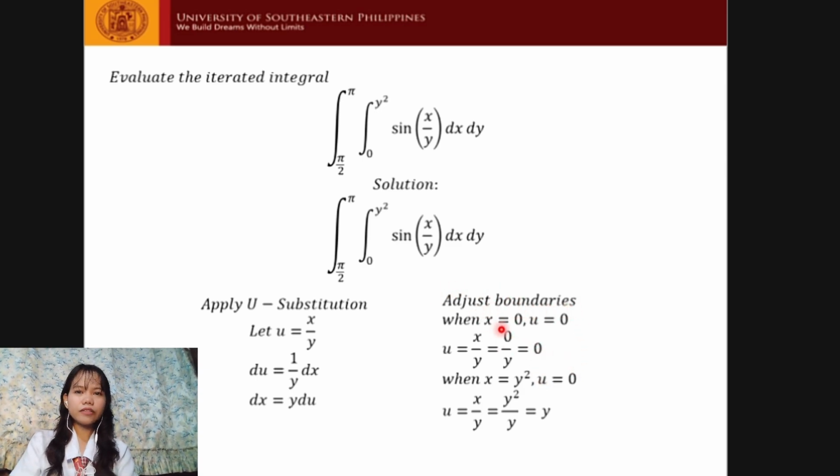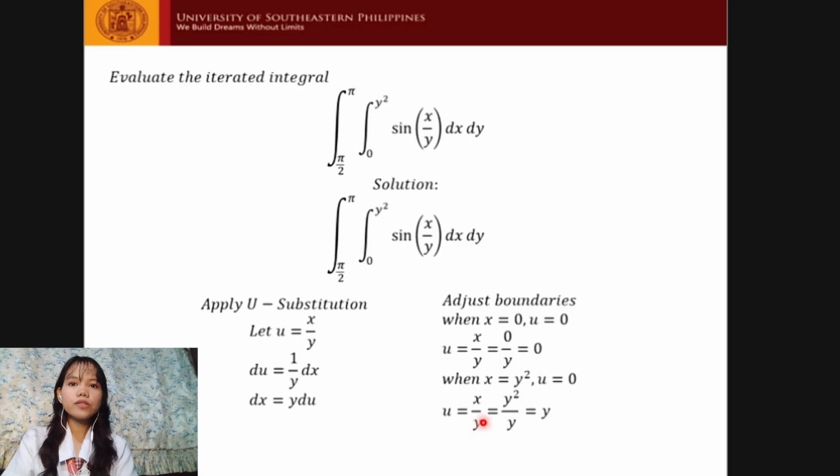So for adjusting the boundaries, when we let x equal to 0, which is the lower bound of this integral with respect to x, our u is equal to 0 since u equals x over y equals 0 over y equals 0. So when we let our x be equal to y squared, which is the upper boundary of our integration with respect to x, what we have for our u is y.